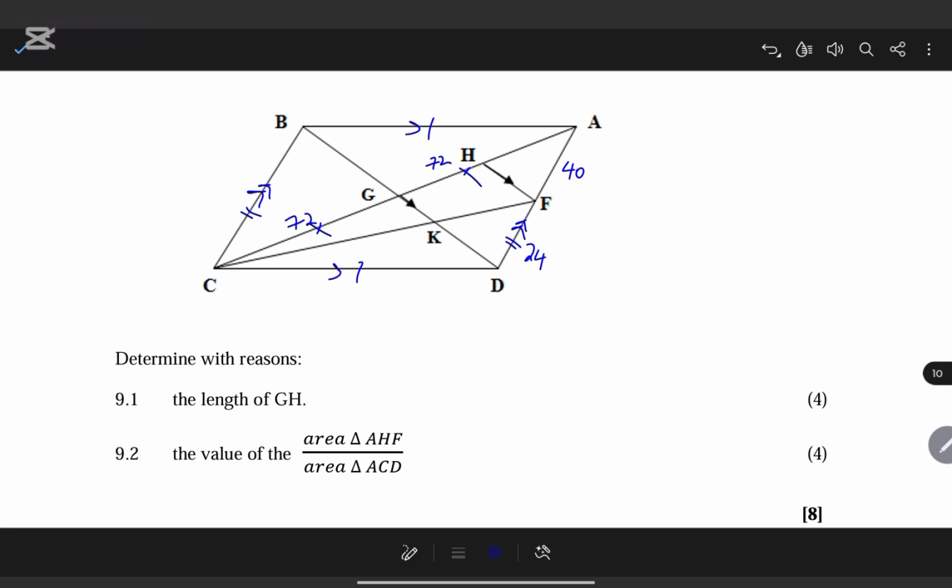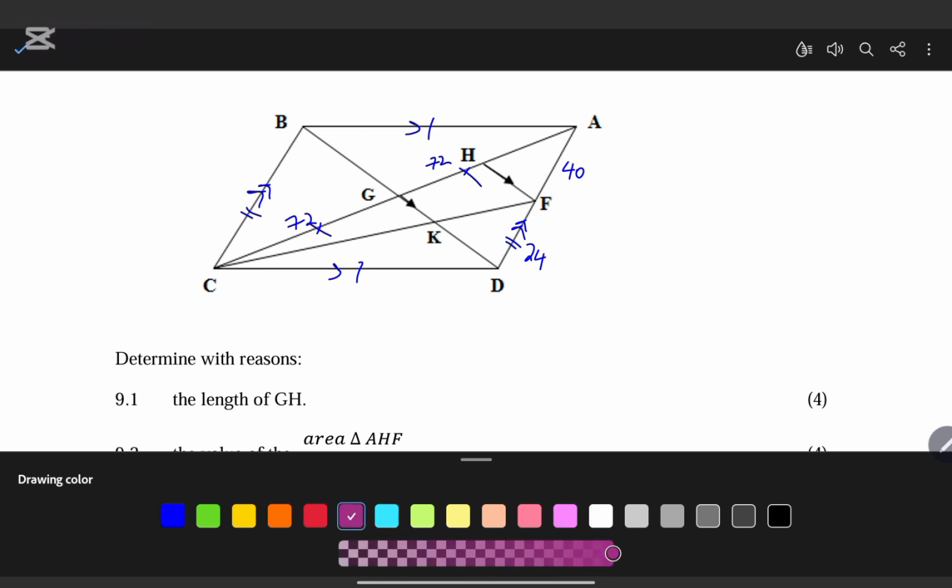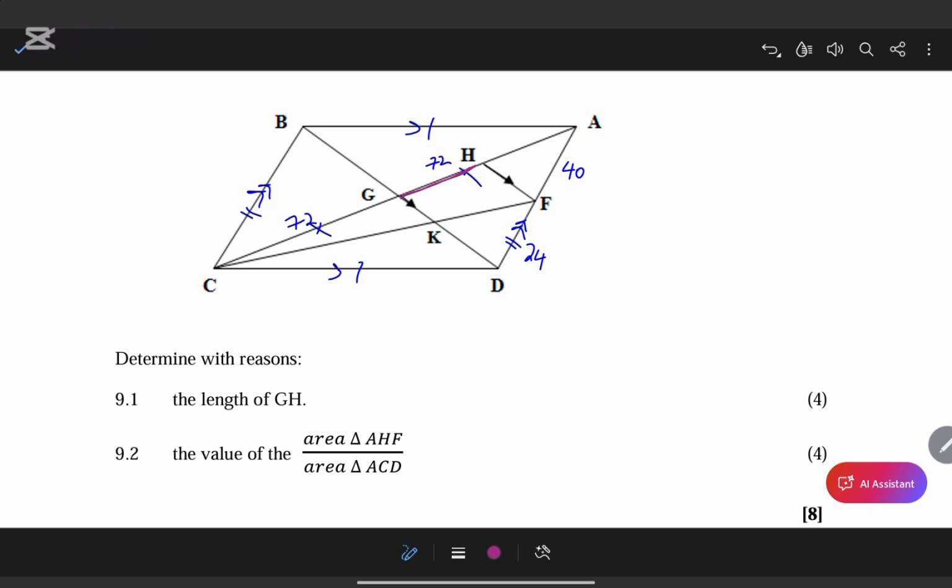GH is this side here, this length here in triangle AGD. But when you look at triangle ADG, they told us that HF is parallel to GC. It is marked here that these two lines are parallel. Therefore, we can apply the proportionality theorem here.